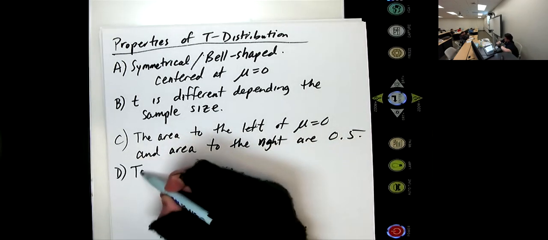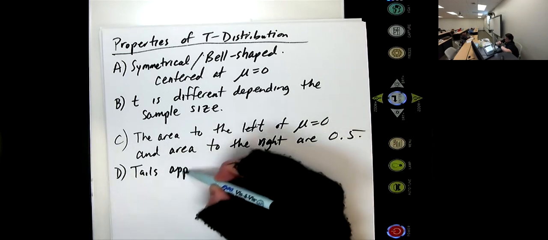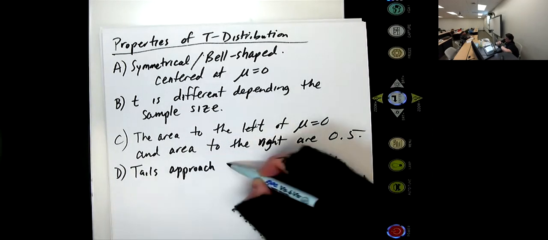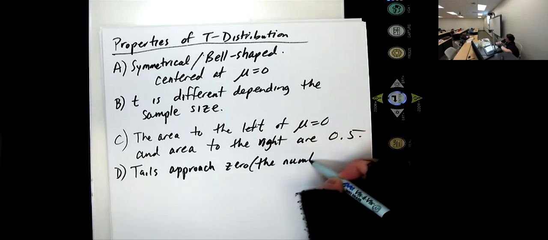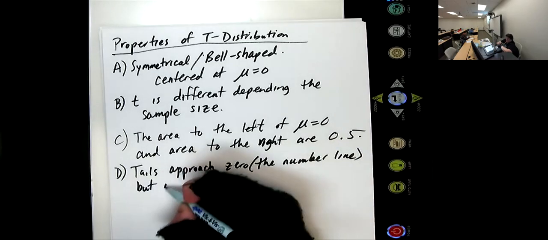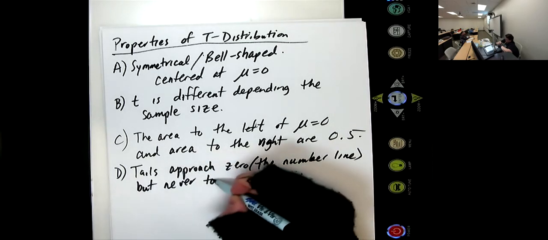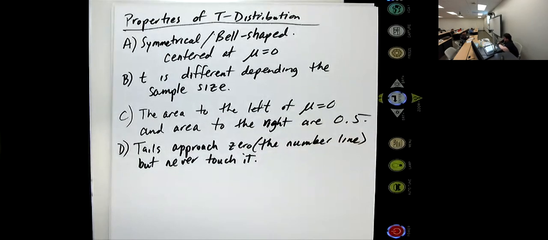The tails approach 0 on the number line, but never touch it. This is true with the normal distribution as well.